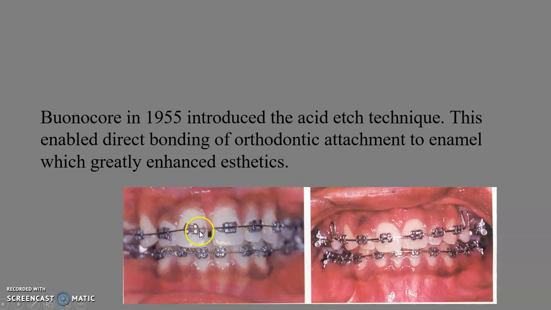Can you imagine how unaesthetic it would look? A tooth with a band and finally a bracket welded onto it. So it was very unaesthetic. With the advent of this bonding technique, we can just bond a bracket directly onto the enamel so that it enhances the aesthetics.